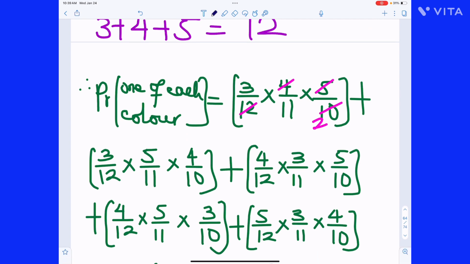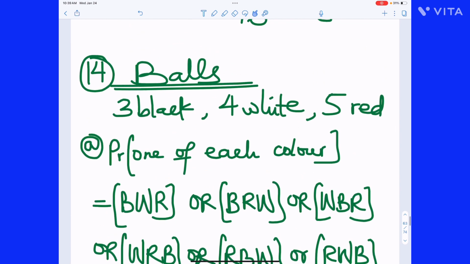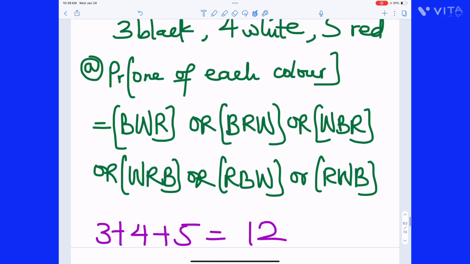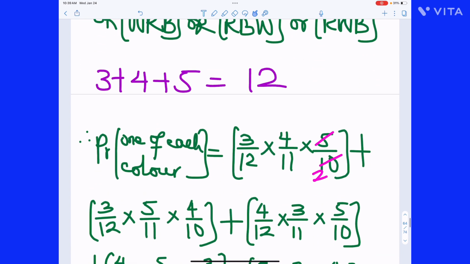The probability of picking a black first is 3 over 12. If you don't replace that black you picked, there will be 11 balls left. The probability of picking a white next is 4 over 11, because there are 4 whites and 11 balls remaining.